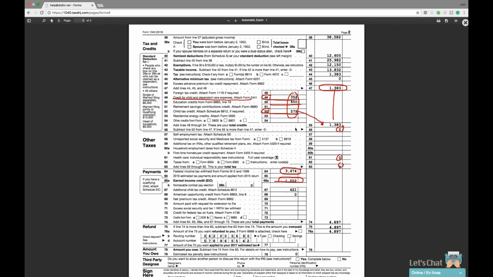$1,002, and an additional, check it out, an additional income tax credit. So let me show you that again. 579 plus 421 equals $1,000. So I'm going to show you that one more time so you can see what I'm talking about. Here's your child tax credit non-refundable, right? Plus your refundable additional tax credit, right?